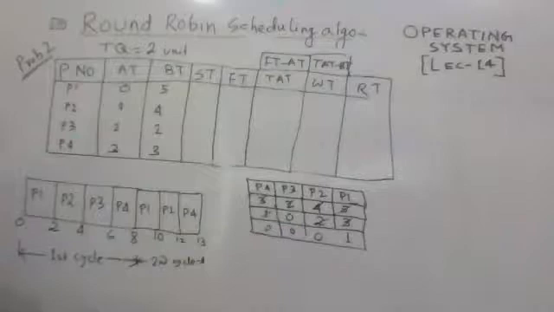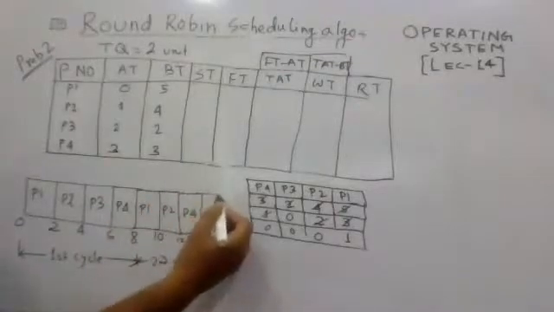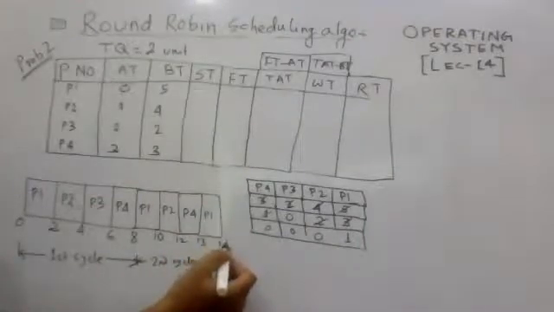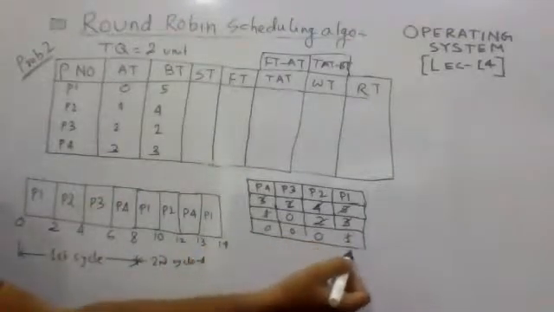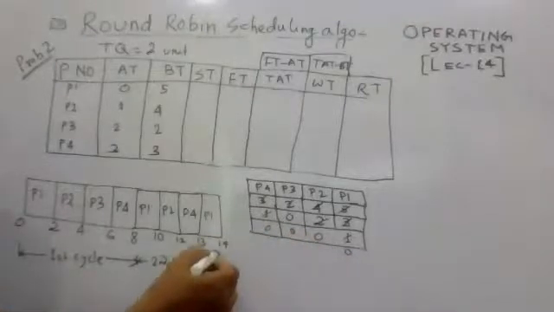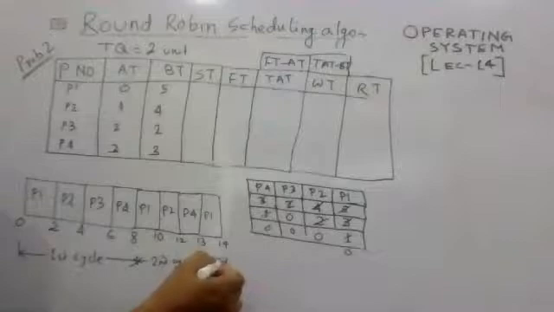And it is clear that in the third cycle we have only one process remaining, that is P1. So again we assign P1 and it will be 14. So this is 0. So this is the third cycle.